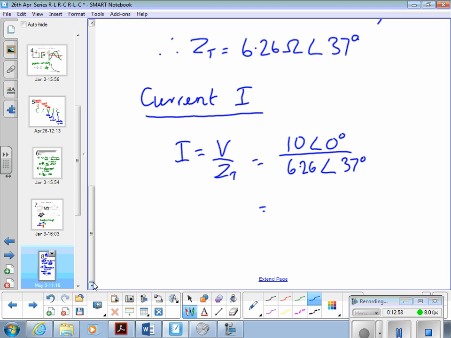And how do we do that? Which equals? What, 4.46 is in 10? Oh, hang on. 1.68 amps angle.